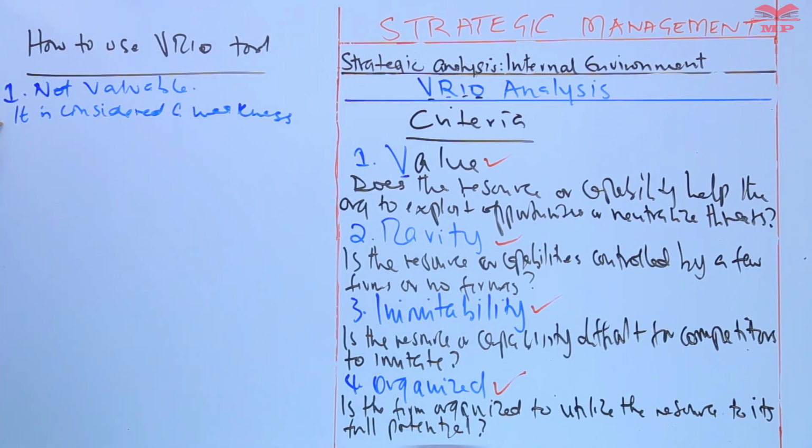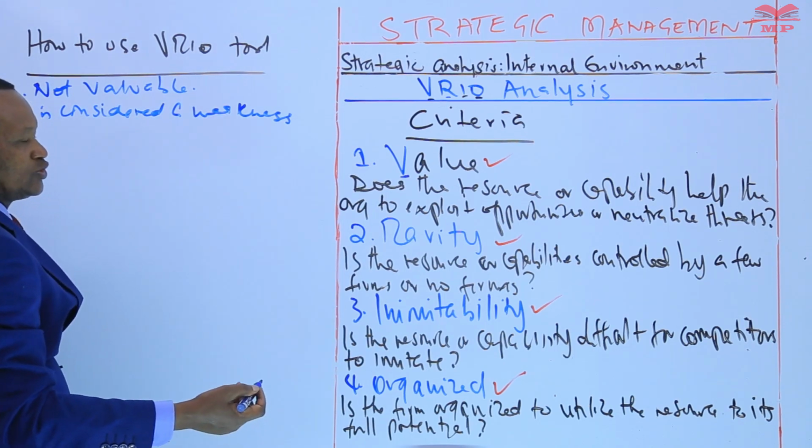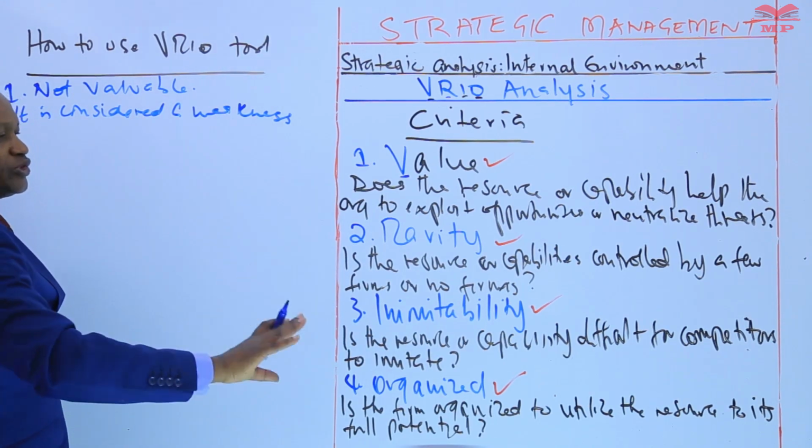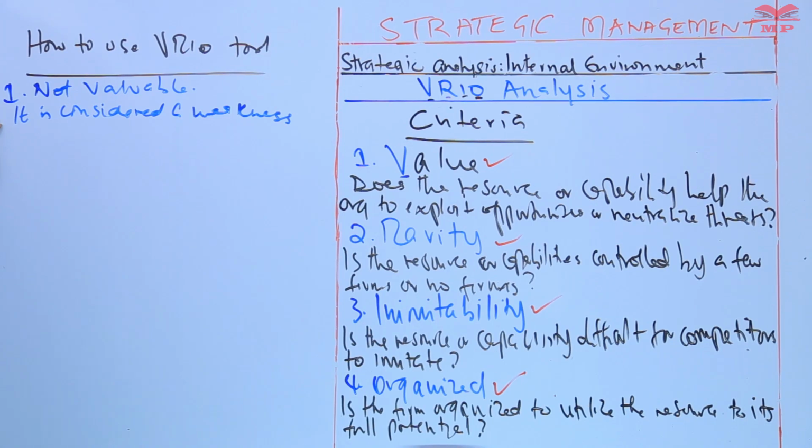So if it is not valuable, then it is considered a weakness and it should be addressed or eliminated. That means if it is not in good condition, then it has to be improved or eliminated. It has to be eliminated if it is not valuable.